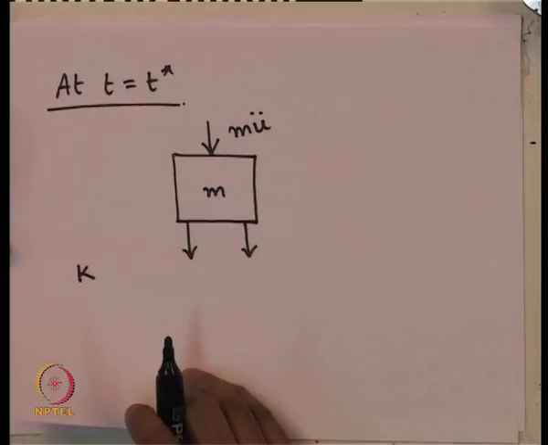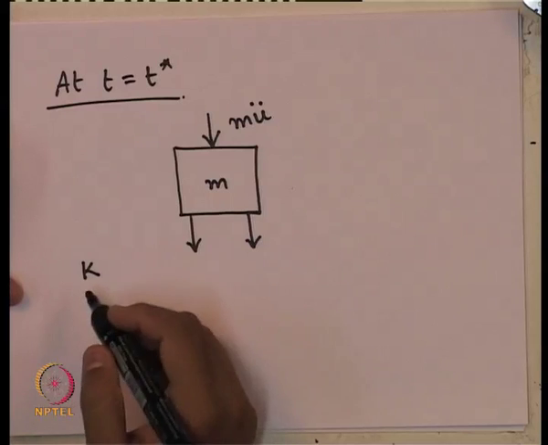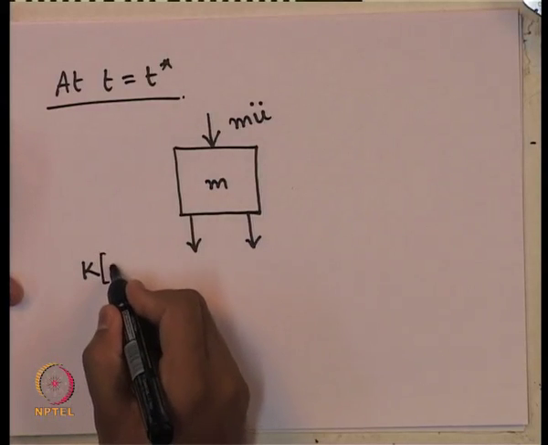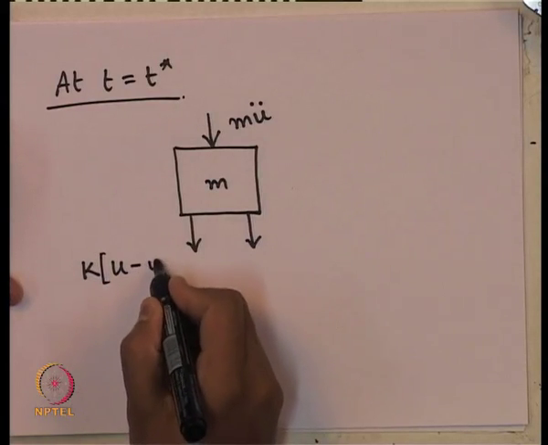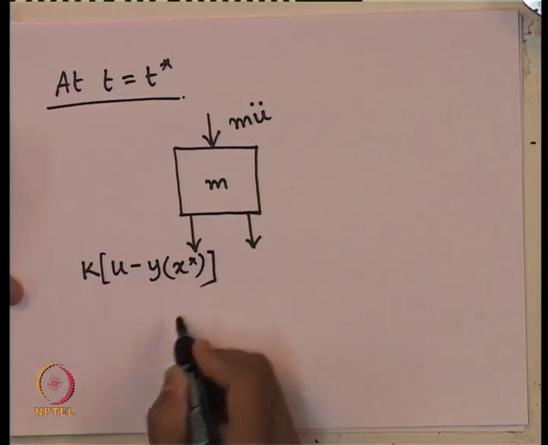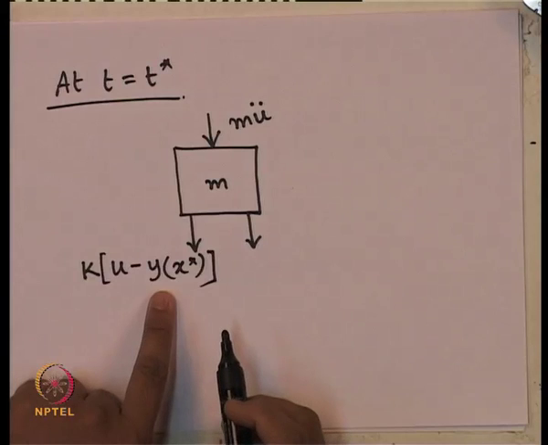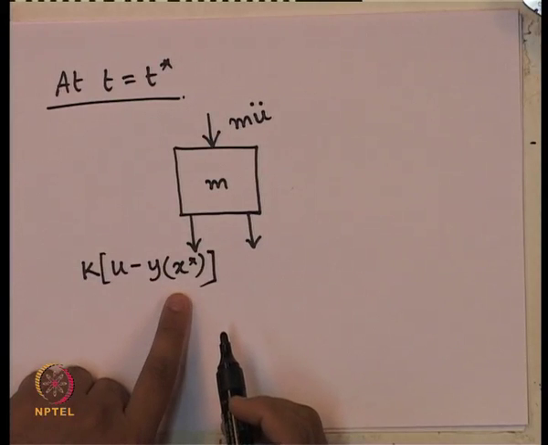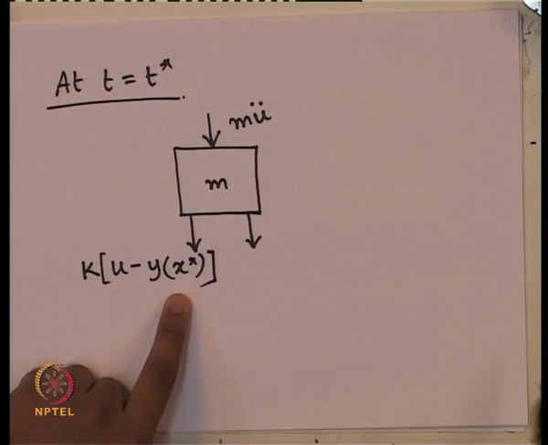So the spring force should be k times u minus y of x star, because y is a function of x star. We have assumed that it is a harmonic function.